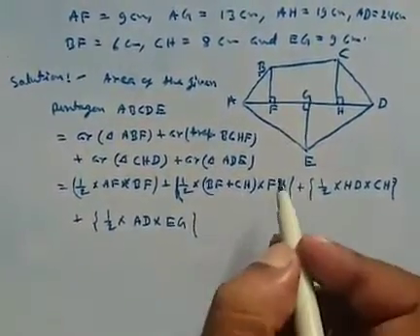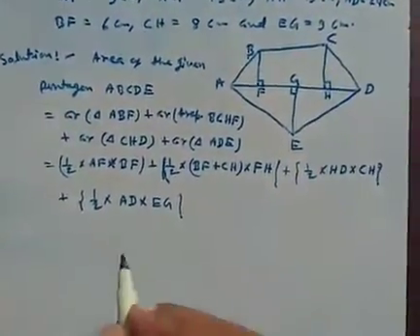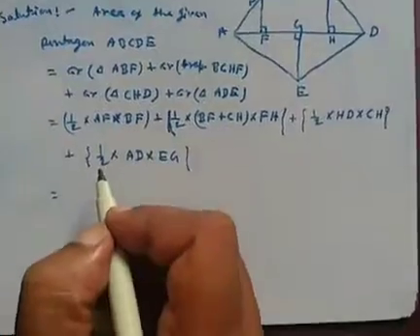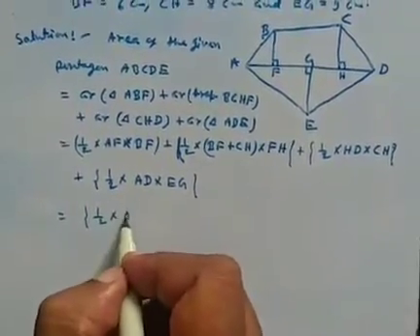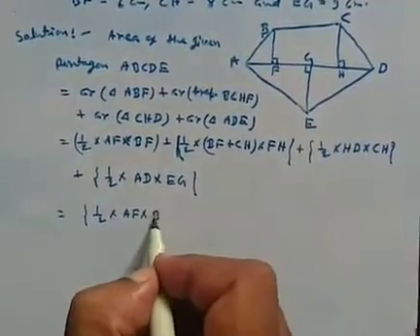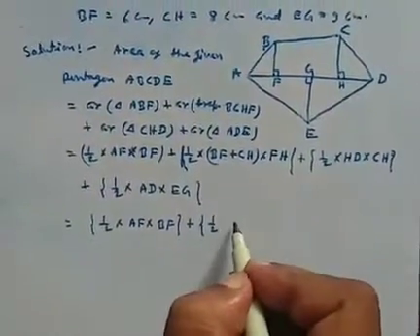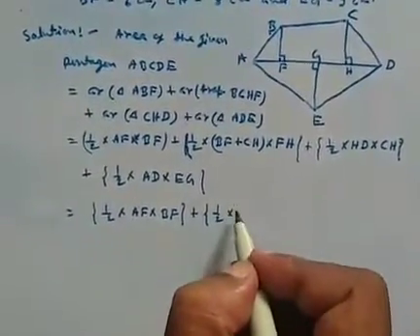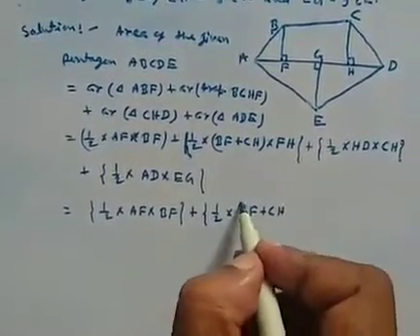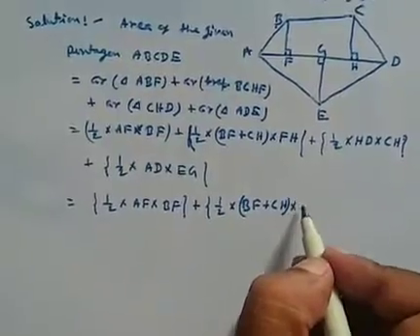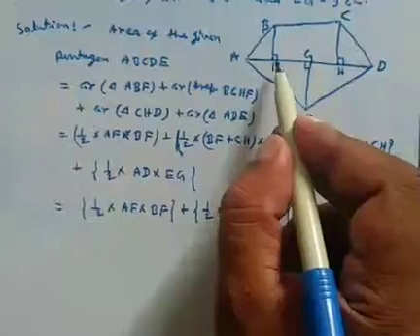This is the area of triangle ADE, equal to half into AF into BF plus half into (BF plus CH) into FH. FH is equal to AH minus AF.